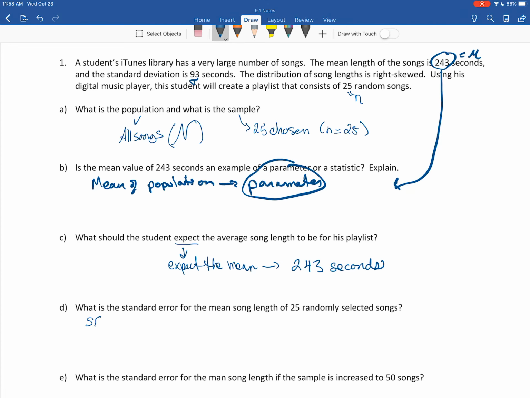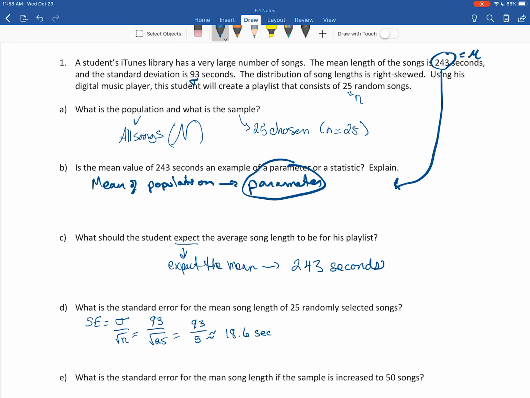We know the standard deviation for the whole population of songs, but what would be the standard error of the 25 song playlist? We'll have to calculate that by doing the standard deviation over the square root of the sample size. So I use that 93 seconds here over the square root of 25, which is 93 over 5, which is approximately 18.6 seconds.